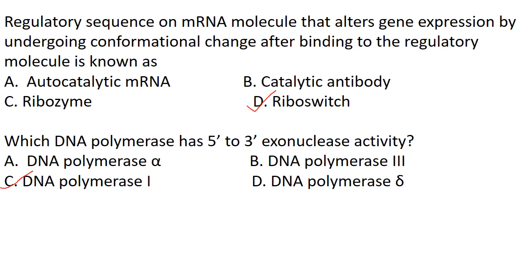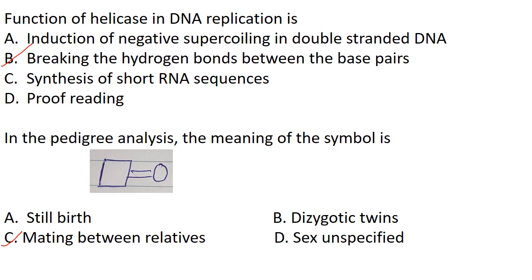Then next one. Which DNA polymerase has 5' to 3' exonuclease activity? It is DNA polymerase 1. Answer is option C. Then function of helicase in DNA replication. Induction of negative supercoiling in double-stranded DNA, that is by DNA gyrase.